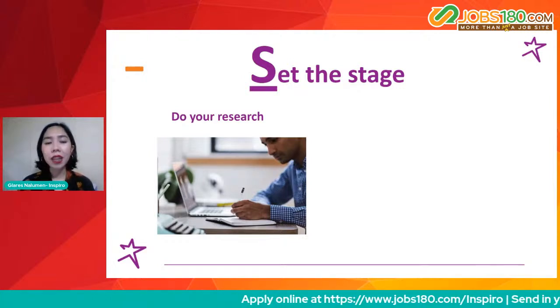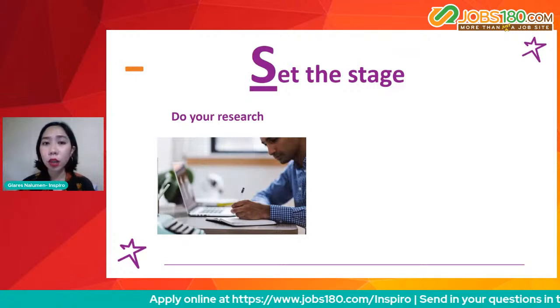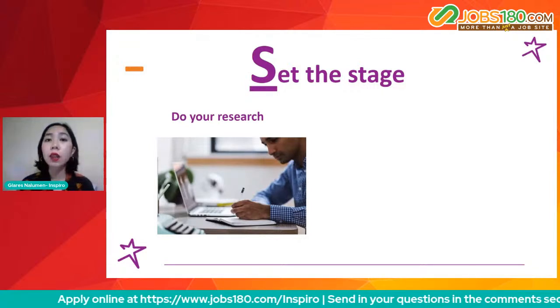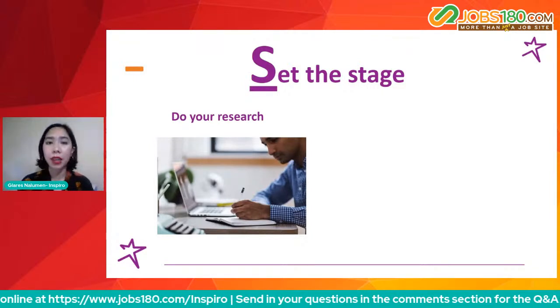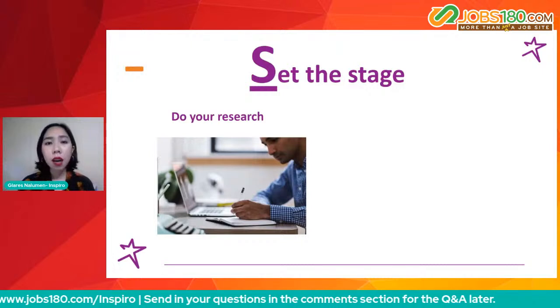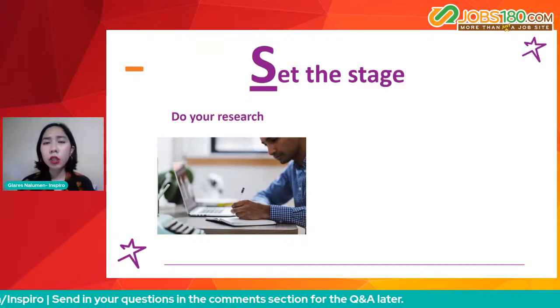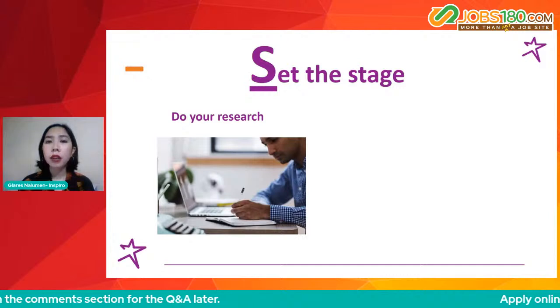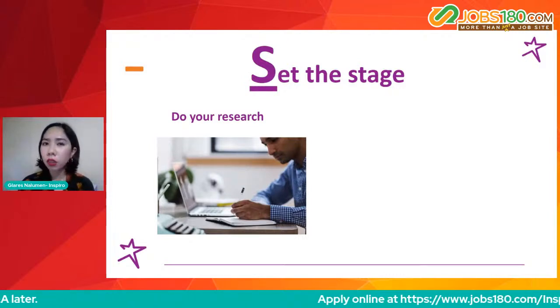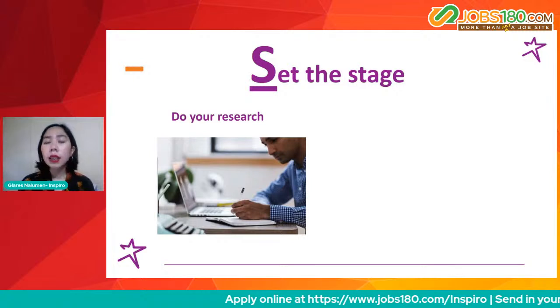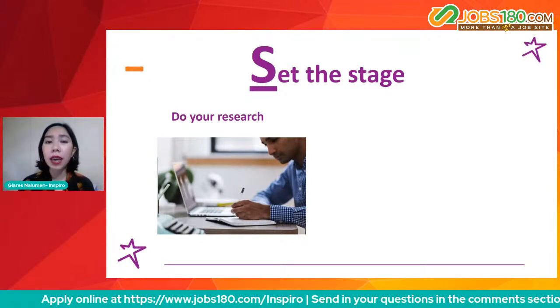The next one that you might want to consider is the qualification or job specification. Since you are looking for a job, do you have anything in mind that you are looking for? Once you find a job that you think you want to apply to, kindly take note of the specification that they're looking for.